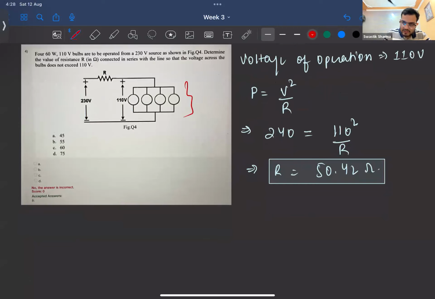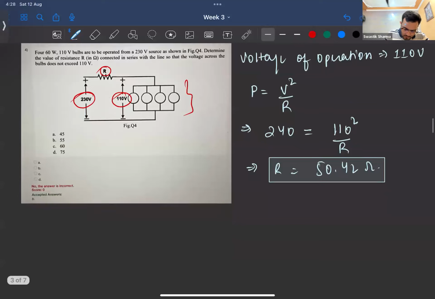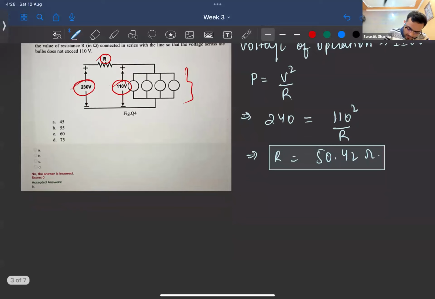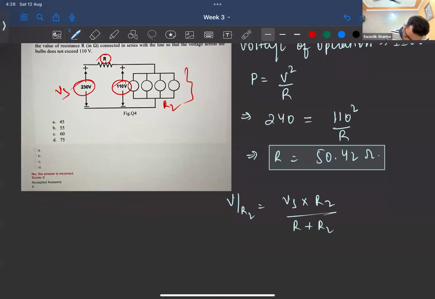We know what voltage it's working at, and we know the supply voltage. So we can now easily find R from the voltage divider formula. So what's the voltage divider formula? If we apply it for this R2, so V at R2 is nothing but, if this is Vs, it's Vs into R2 divided by R plus R2, right?